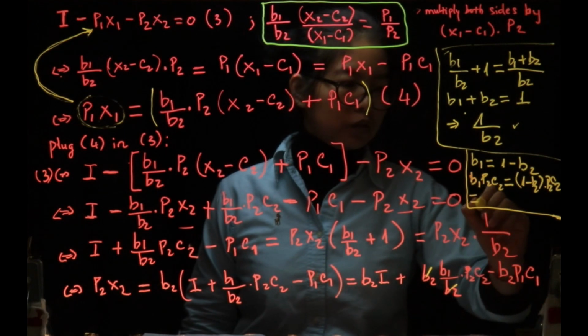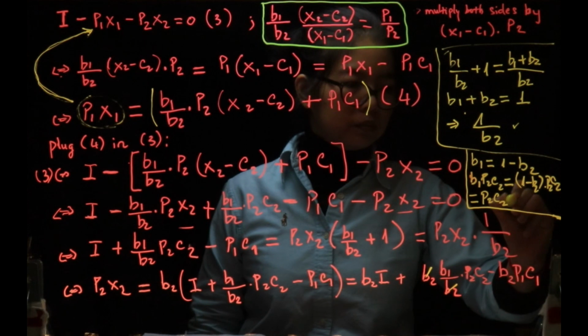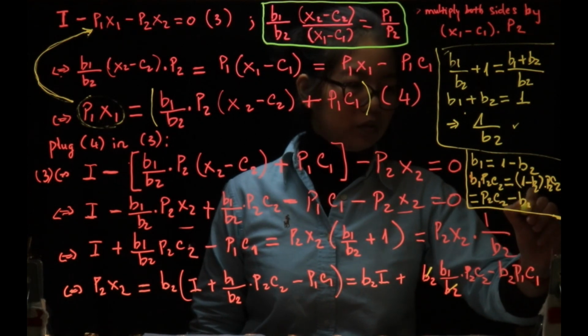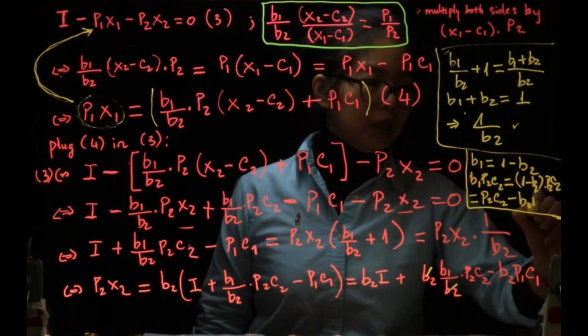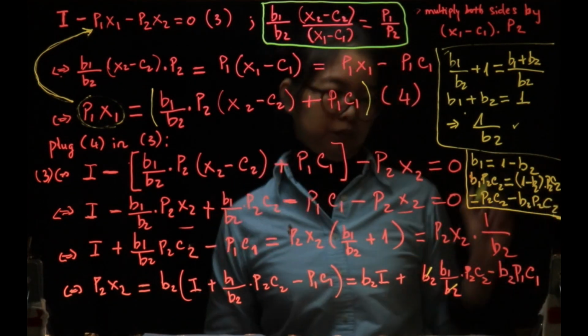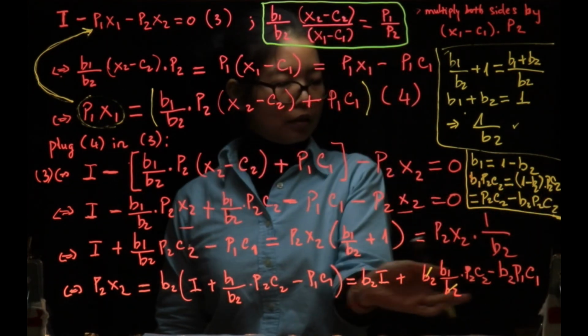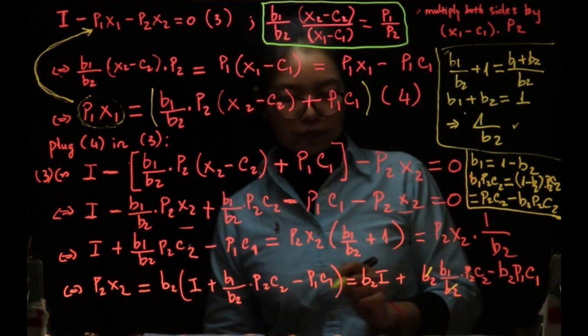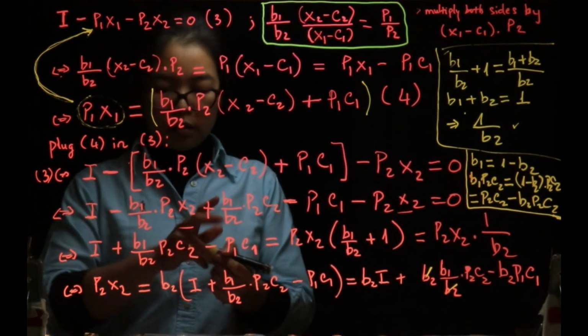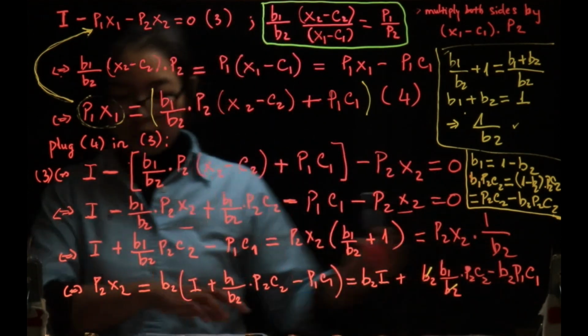And it equals p2 c2 minus b2 p2 c2. Let's substitute these here and see what we get from that.